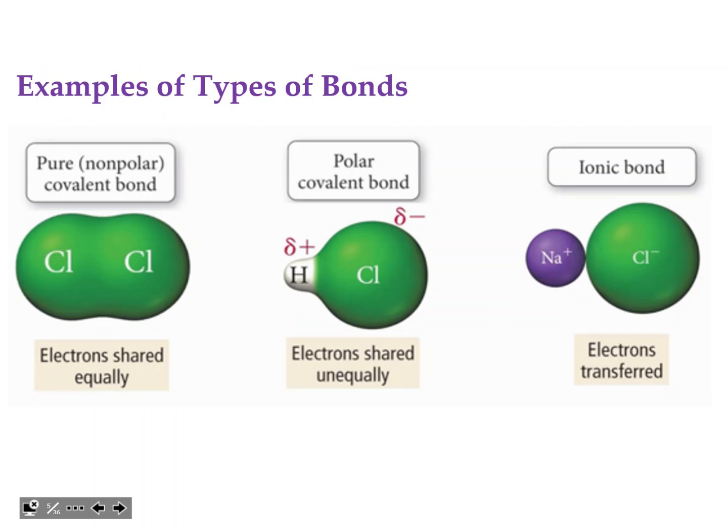So chlorine here, Cl2, you see the electron cloud is equal around both nuclei, whereas in HCl, you have your tiny little hydrogen because it's really small, and your much larger chlorine atom, but they form a covalent bond, chlorine being much more electronegative. The electrons spend more time and are attracted to the chlorine, and so you get this partial negative.